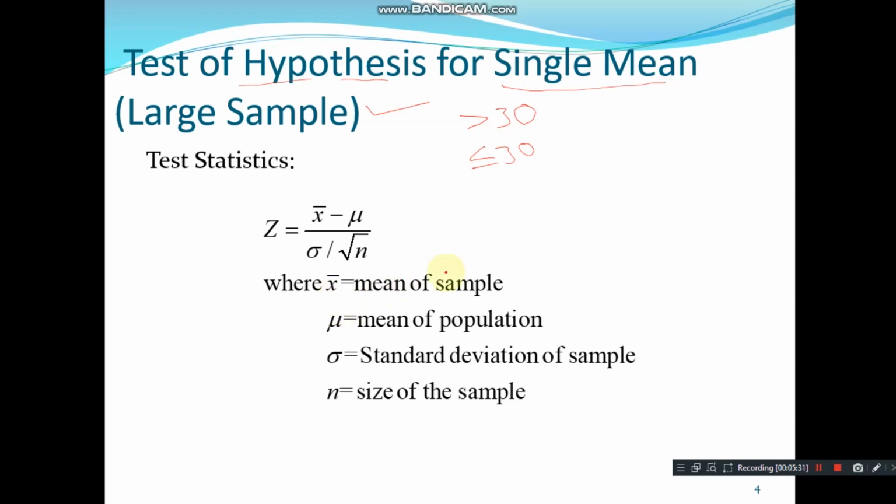Now observe here, the test statistic for the single mean related to the large sample is Z equals X bar minus mu divided by sigma by root n. This is the standard normal distribution, where X bar is the mean of the sample, mu is the mean of the population, sigma is the standard deviation, and n is the size of the sample.